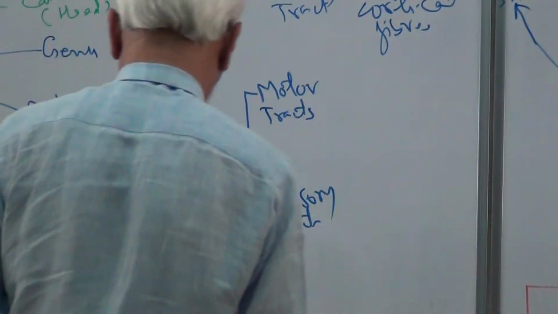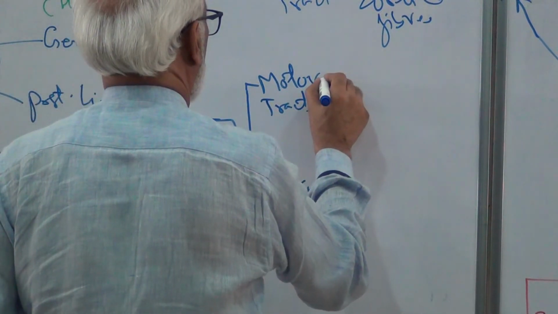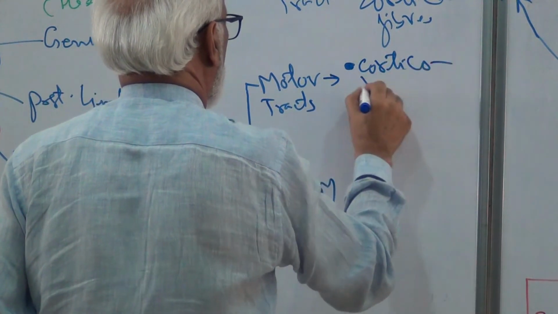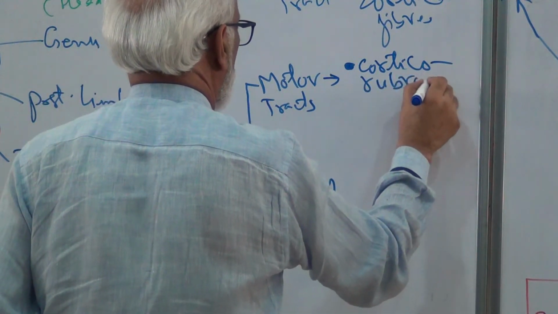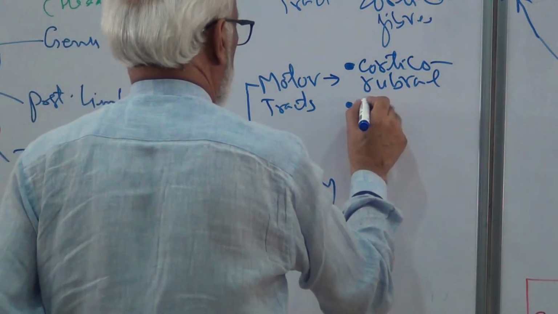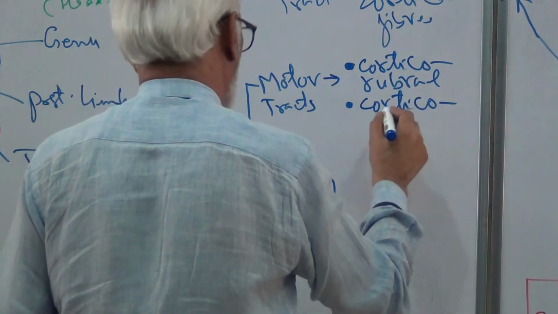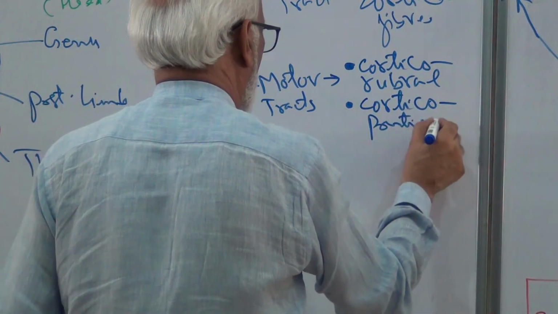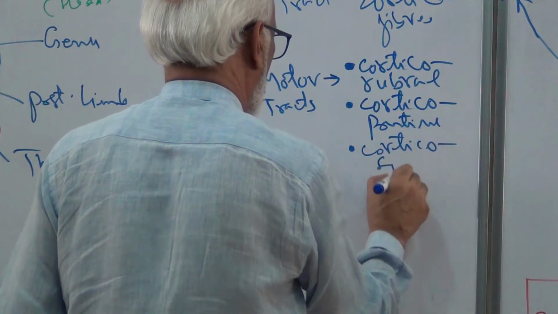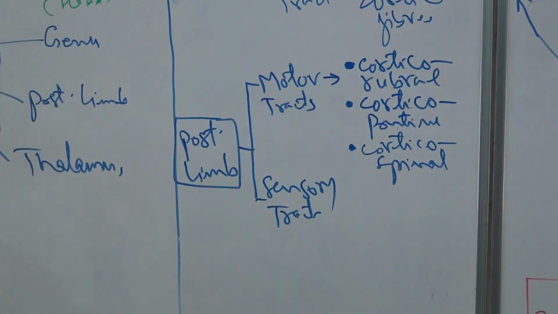The motor tracts passing through the posterior limb are cortico-rubral tracts, from the cortex to the red nucleus of the midbrain, cortico-pontine, and corticospinal tracts.